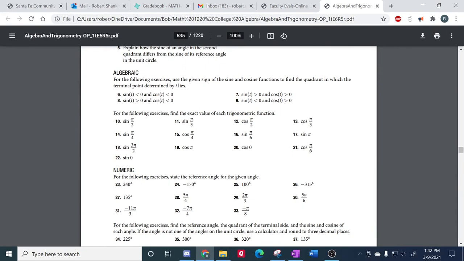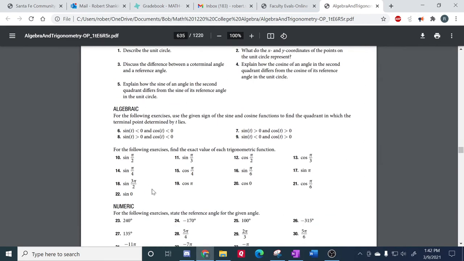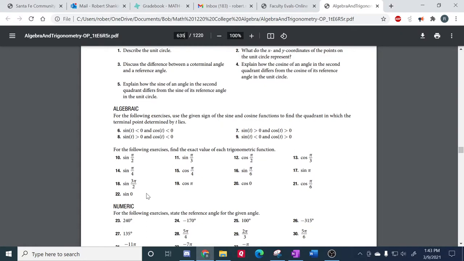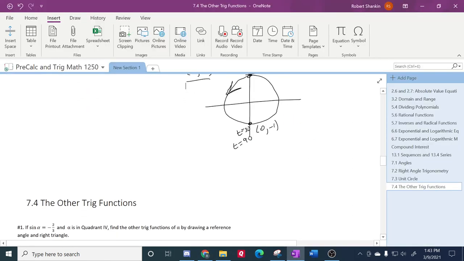No, this is 7.3. I'm sorry, it's the wrong page. Why don't I go on with this, and then at the end, let's go back, and I'll come back to you. Okay, thank you. You're welcome.